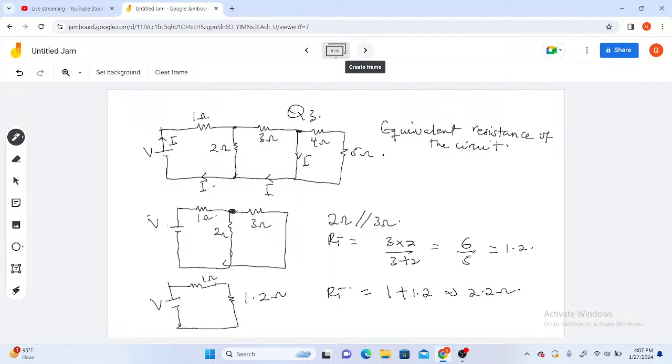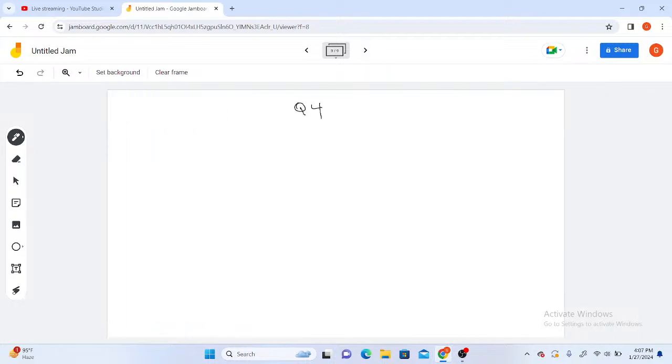Now let's go to our next example, question 4. For this example, I'm going to have this circuit here. So I have this resistor here, this here, this here, like this.